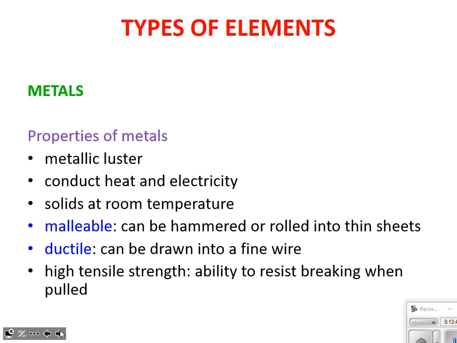Would I be able to break a rubber band? Absolutely. That has a low tensile strength. Now that same copper wire we were talking about, do you think I could pull that apart? It'd be a little bit tougher to do, wouldn't it? So that copper wire has a much higher tensile strength. That's what we're talking about with these metals, the ability to resist breaking.